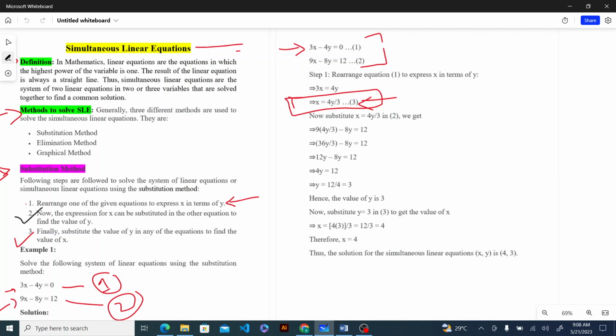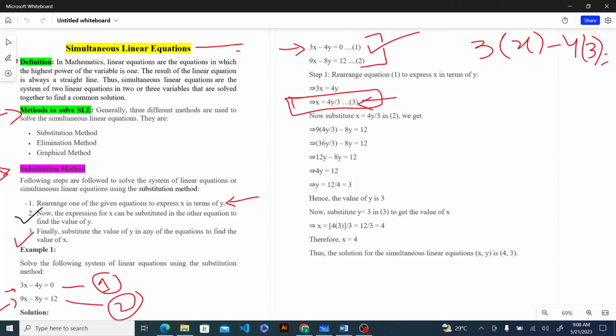Firstly, in this example we used the first equation. Let me do it again for you. Directly put the value of y here. The y value was 3. The equation is equal to 0.